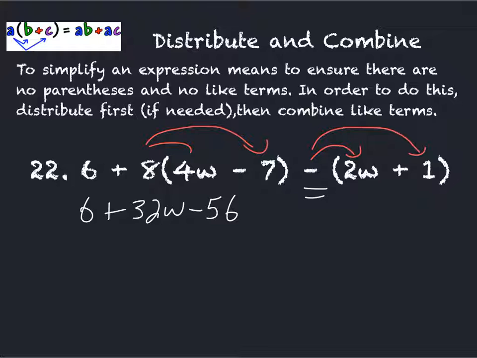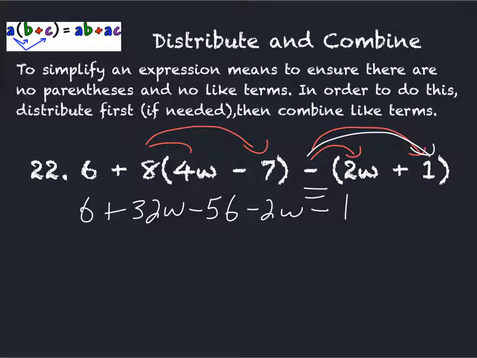That means we're multiplying it by the sum. So this would be negative 1 times 2w, which would be negative 2w. So that would be minus 2w. And then here we have negative 1 times positive 1. So that would change that to a negative 1 or minus 1.